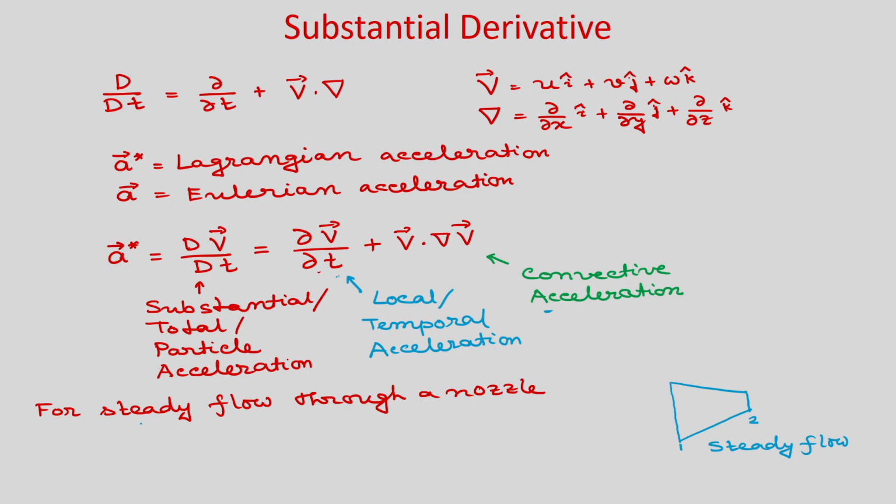So, in this particular case for steady flow through a nozzle, you can see that this Eulerian acceleration will be 0. However, the Lagrangian acceleration is not 0 because it is having the contribution from this convective acceleration as there is a spatial variation of velocity.